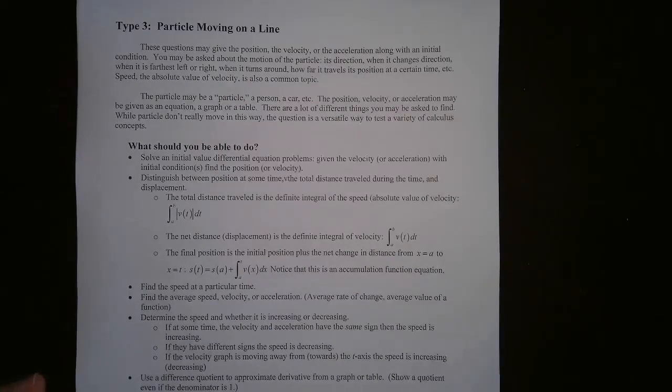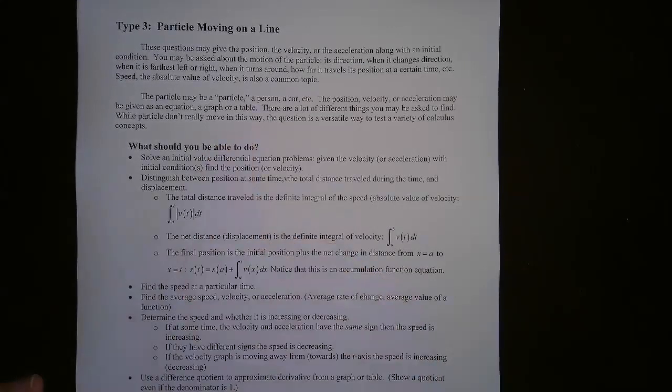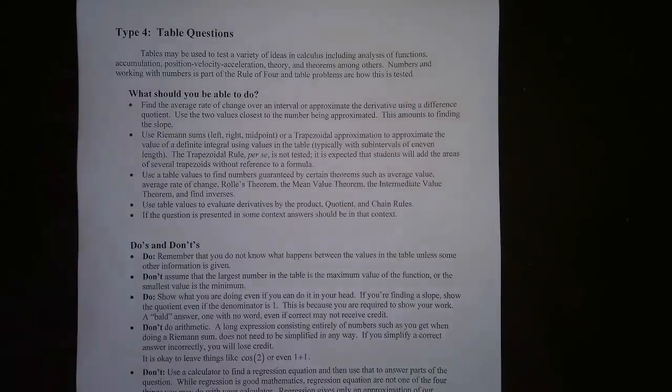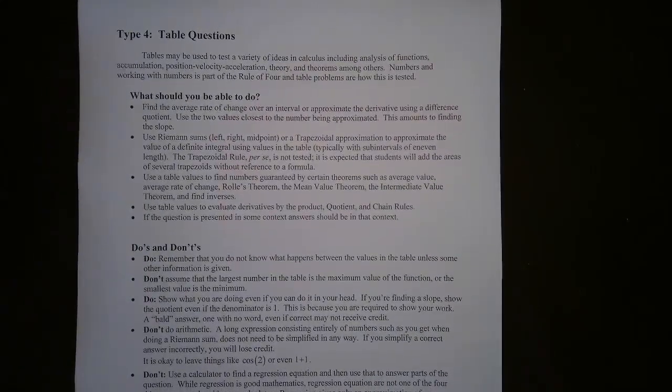Those vector and parametric equations they cut out usually deal with some type of particle moving in a plane instead of on a line. And I'm pretty confident they're going to ask the BC students to do this type of problem this year. You're also going to have table questions where you just get your information from tables.